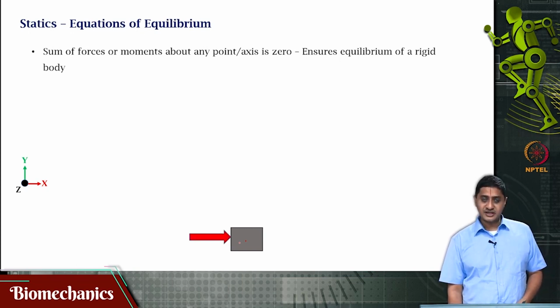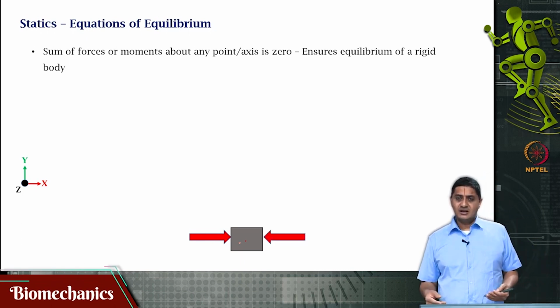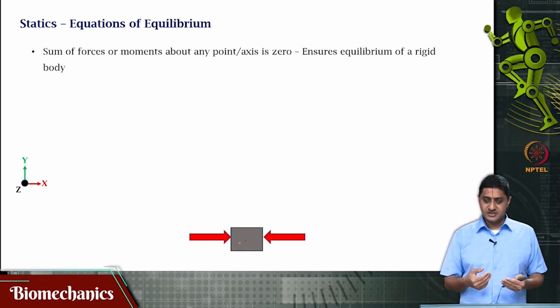Now, if I am restricting the movement of this object in the x direction, I can model all the forces as two forces that exactly balance each other like this.